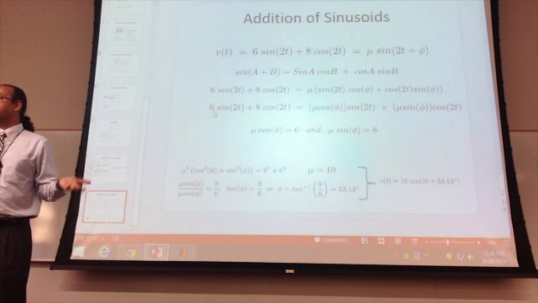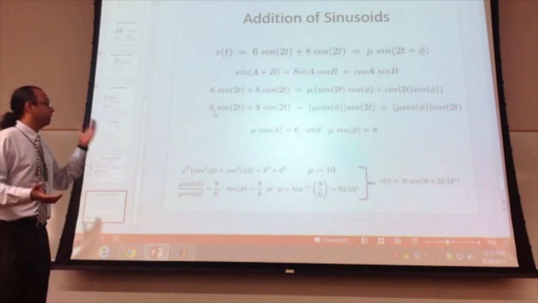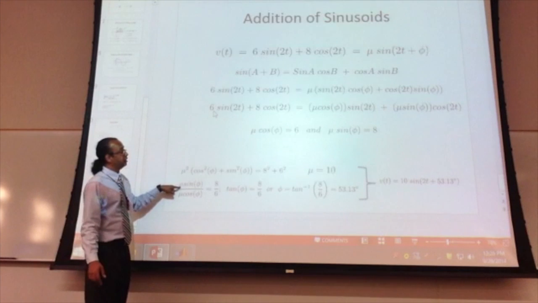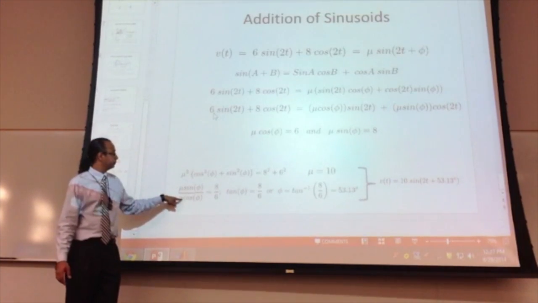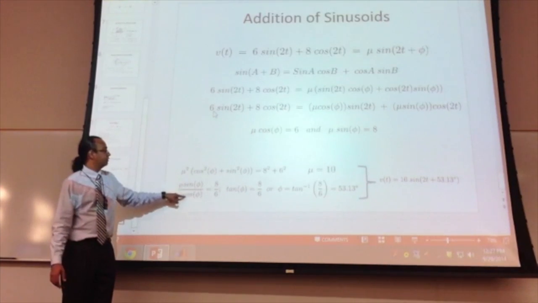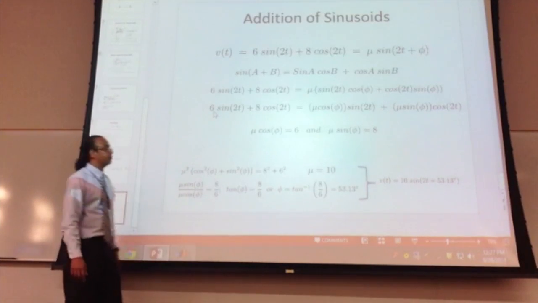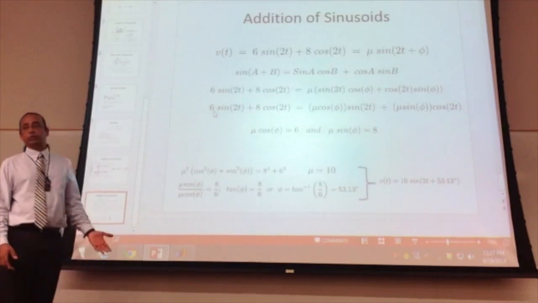And sine divided by cosine would be tangent. And on the right-hand side, you have a number. So that's what we do. We divide mu sine phi by mu cosine phi. The mu's will cancel out. And we have tangent phi is 8 divided by 6. Then phi is arctan of 8 divided by 6, which is 53 degrees.